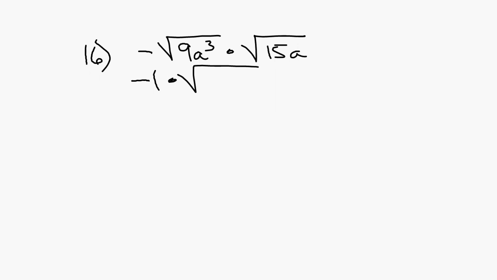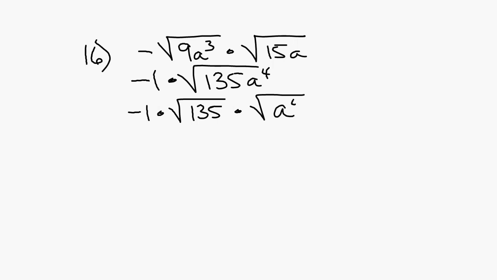A to the 3rd times a is a to the 4th. So take negative 1 times the square root of 135 times the square root of a to the 4th. And the largest perfect square that goes into 135, 9 goes 15 times. So you got the square root of 9 times the square root of 15 times the square root of a to the 4th.